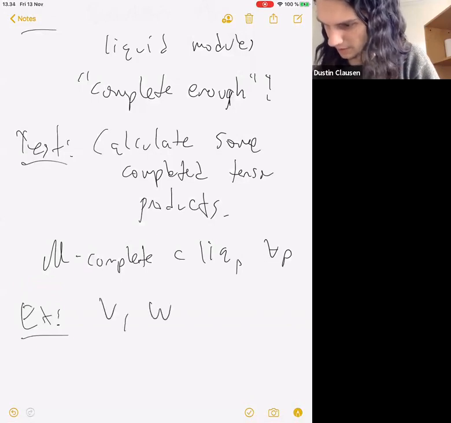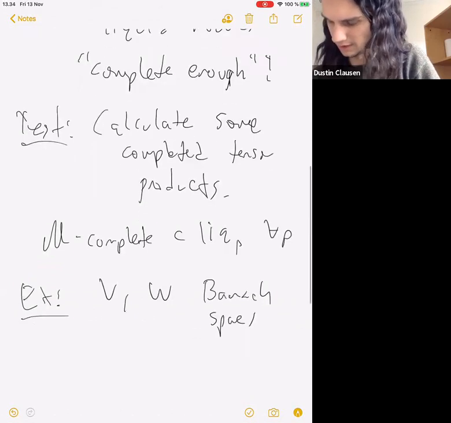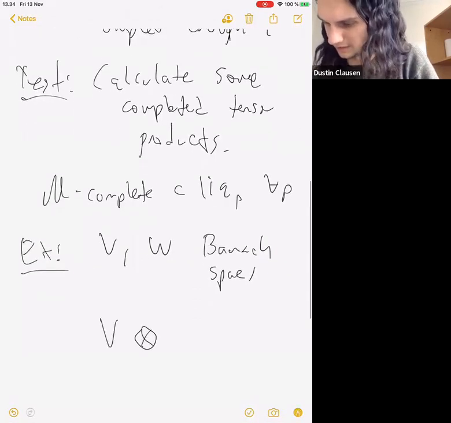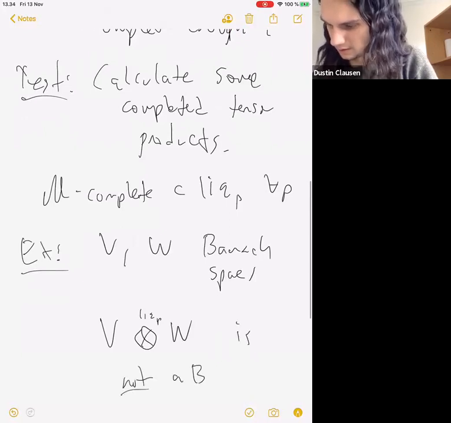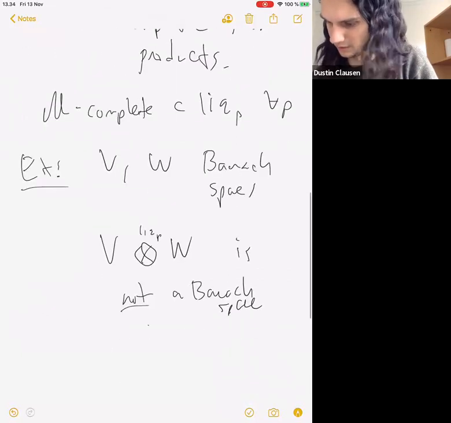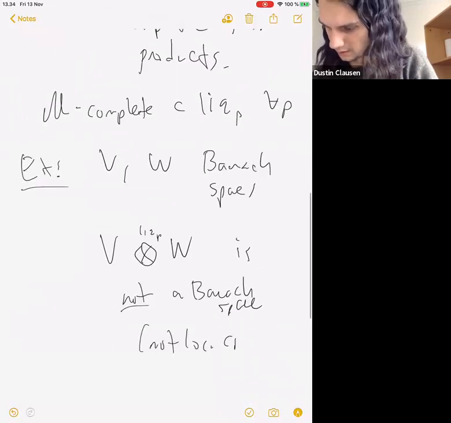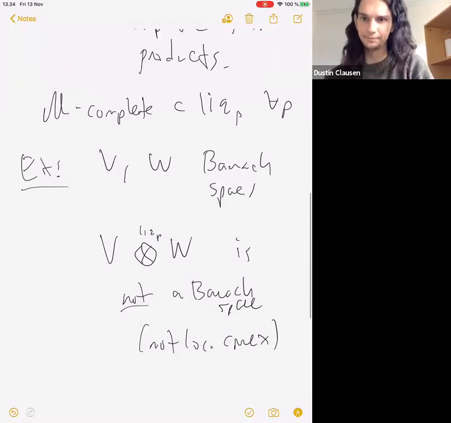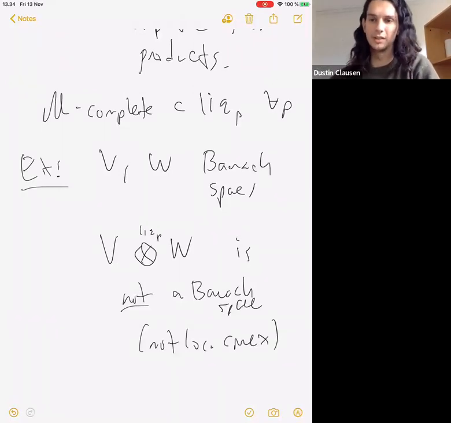So, well, the first example, if V and W are Banach spaces, and then you could take the liquid p tensor product. This is not a Banach space. It's not even locally convex. The liquid category is closed under limits and colimits.